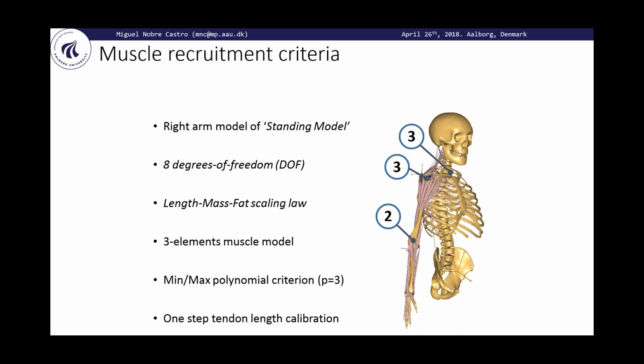The musculoskeletal model comprises 140 muscle elements, and all of these are 3-element muscle models, or Hill-type muscle models. The min-max polynomial criterion was used. I apologize, there's a 3 here; it's supposed to be infinity. The min-max polynomial criterion will try to delay fatigue as much as possible.